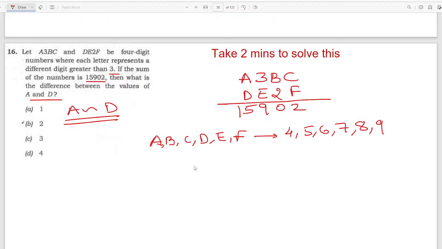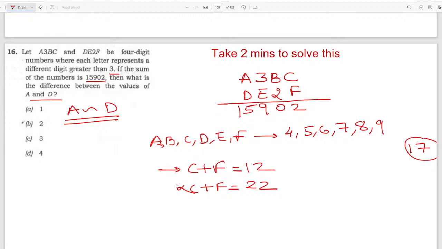C plus F should be 12 or C plus F should be 22. If you add any, the two largest numbers are 8 plus 9, which is 17. So the largest sum that can be achieved is 17. So this possibility is gone. There is only this possibility.